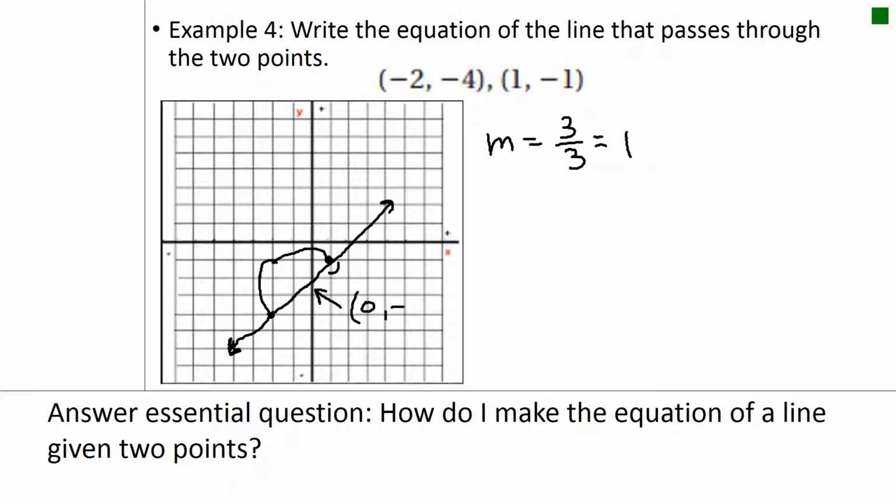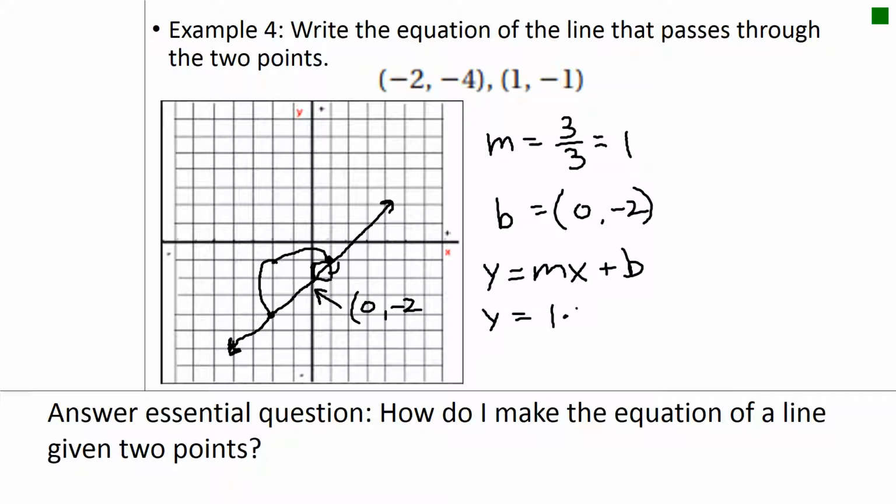And it appears to be 0, -2, and we can check that by going backwards right in here. It would be down 1, back 1, and that does land just right. So our intercept is 0, -2, and we're going to write the equation. Remember, your equation is y equals mx plus b, and I'm going to write that all the way out this time.